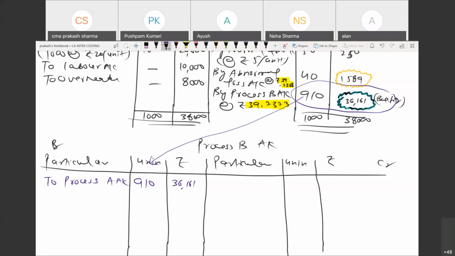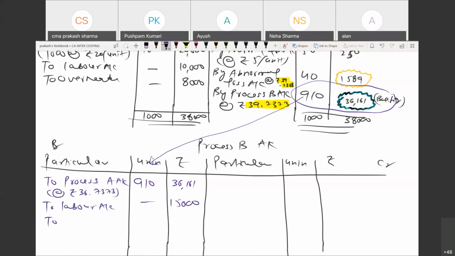In process B, material introduced is 910 units at the rate of rupees 36.7373, and the whole amount becomes 36,161. Okay, sir. Now the amount of wages or labor cost incurred in process B is 15,000.